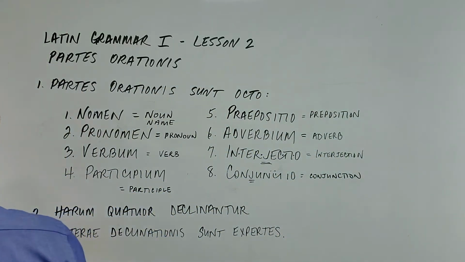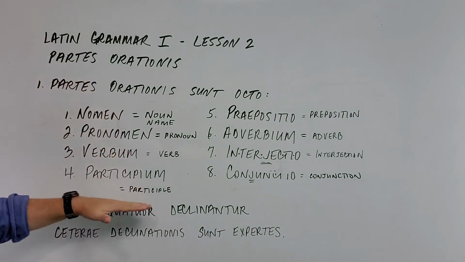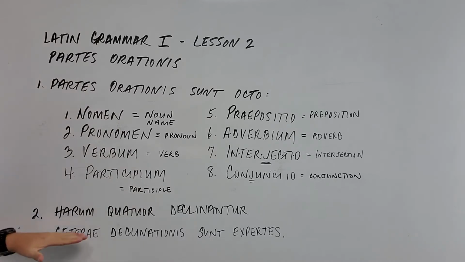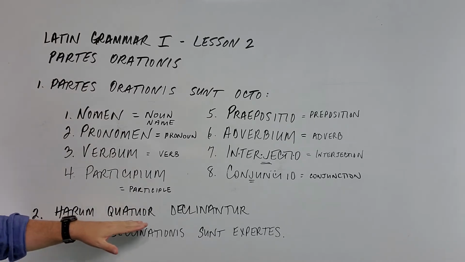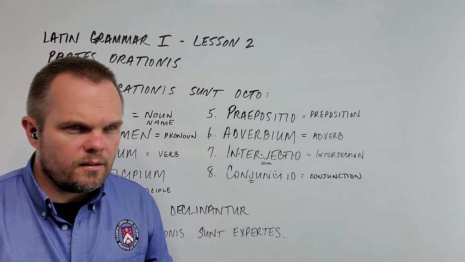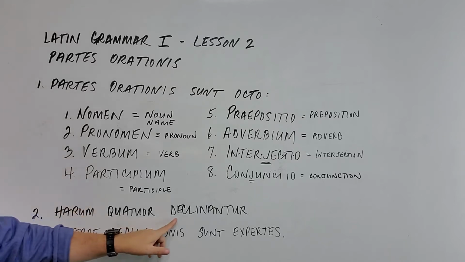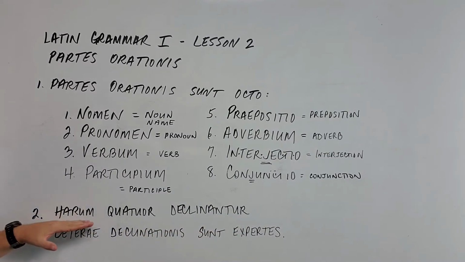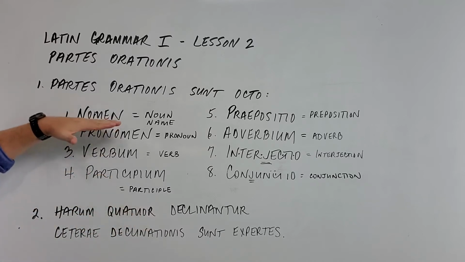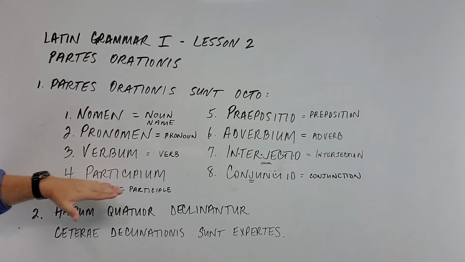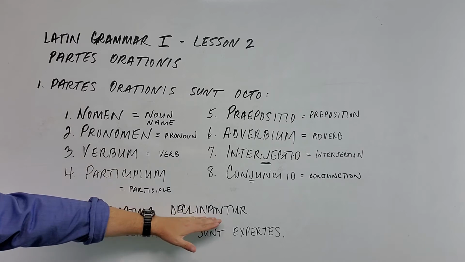Now the second rule in your lesson, this is a short lesson, lesson 2. The second rule, after naming the 8 parts of speech, it says harum quatuor, and then it lists nomen, pronomen, verbum, participium, declinantur. Harum quatuor, nomen, pronomen, verbum, participium, declinantur.